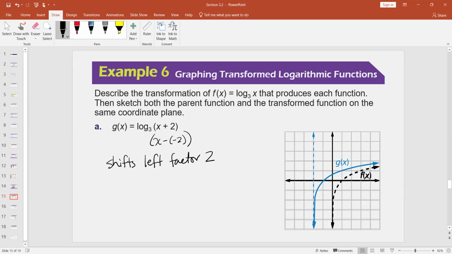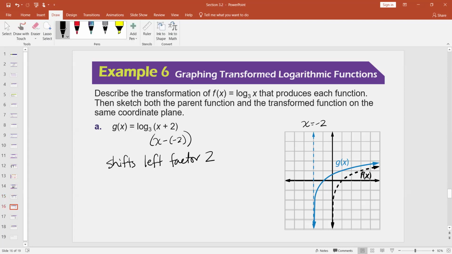So it's a shift of 2 happening to the parent function. You can see also that the vertical asymptote shifts to x equals -2. And so you will have shifts in the asymptotes and the y-intercepts happening as well.